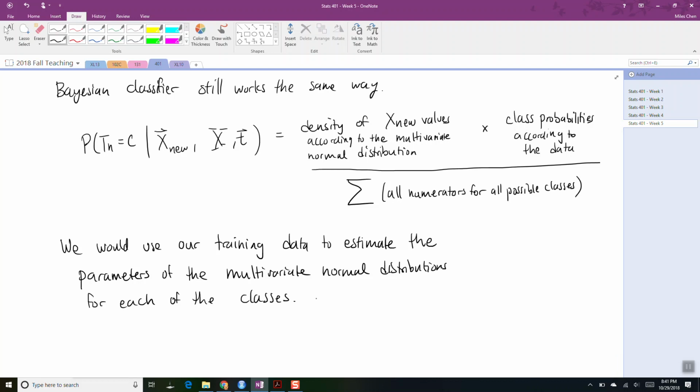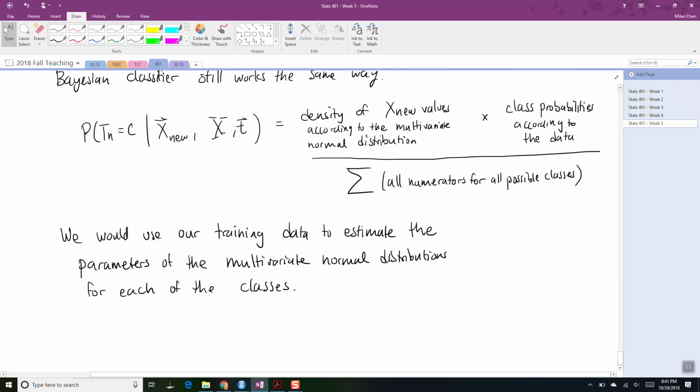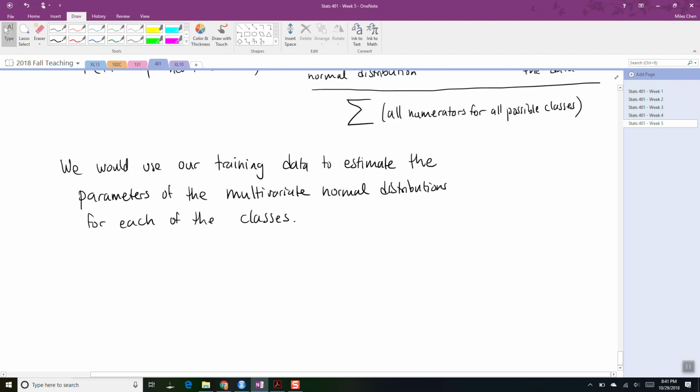Those would be the values you use to estimate the parameters of the multivariate normal distribution for class 1. Then you do the same thing for class 2, and that's how you would estimate the density of x new.